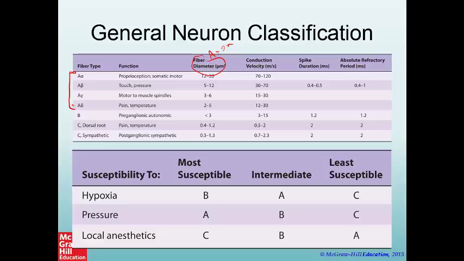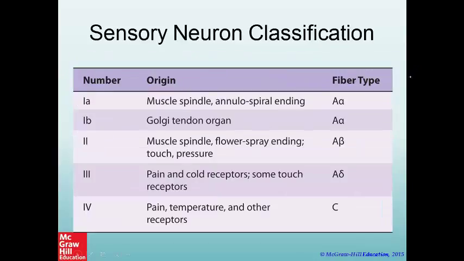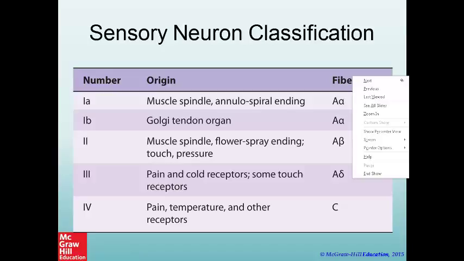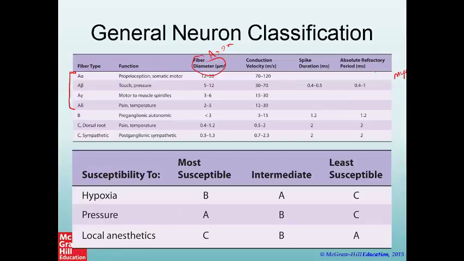So A alpha fibers are the largest, and they're well myelinated. So up here, if I say this has a lot of myelin, and this has no myelin, so the degree of myelination increases as the fiber size gets larger.